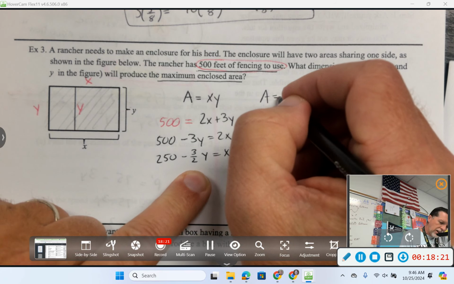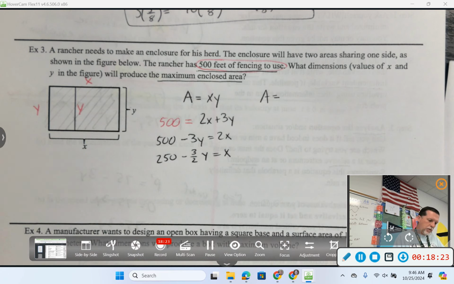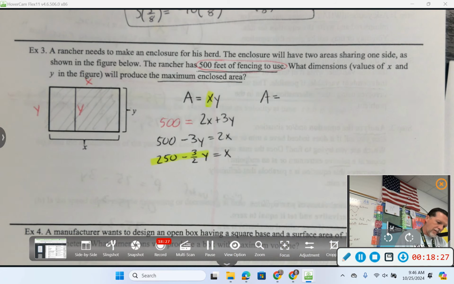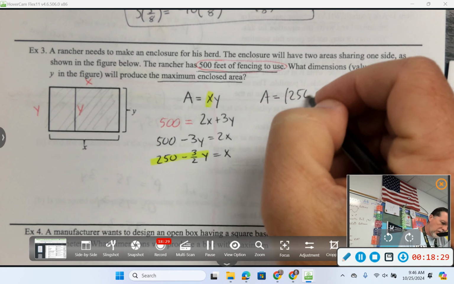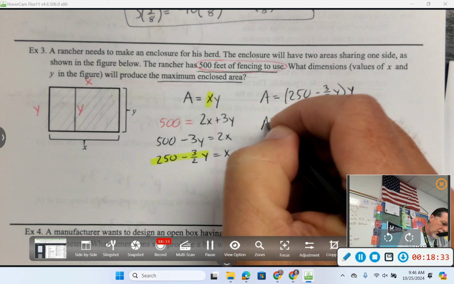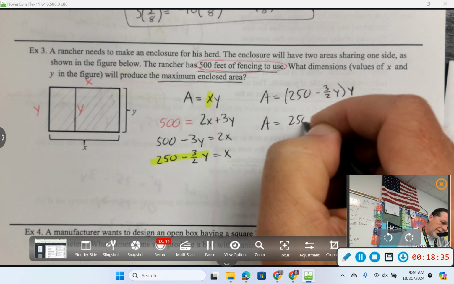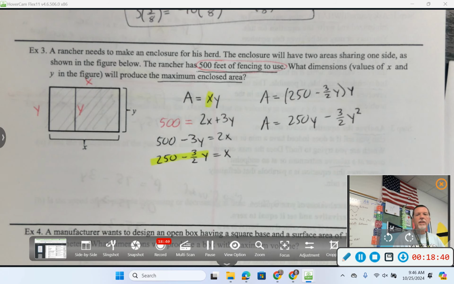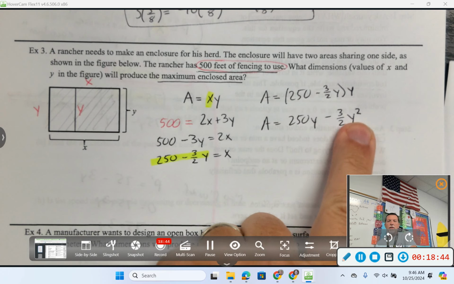So area now is, I'm going to substitute for x, all of that stuff. 250 minus 3 halves y times y. So 250y minus 3 halves y squared. Oh, and this is what Brooke was mentioning about the y squared.